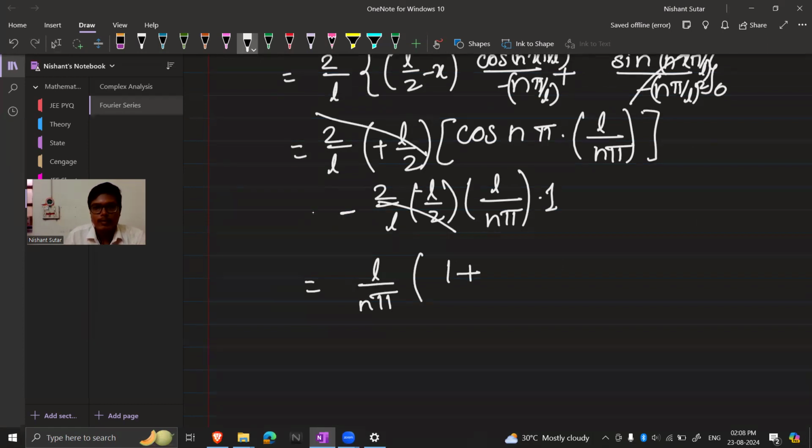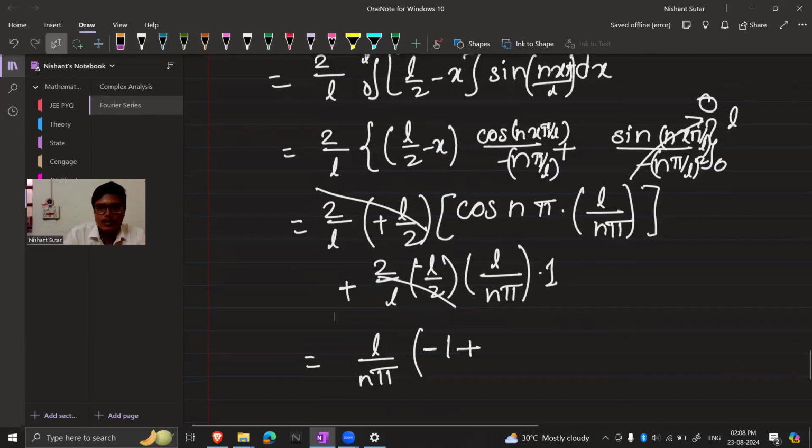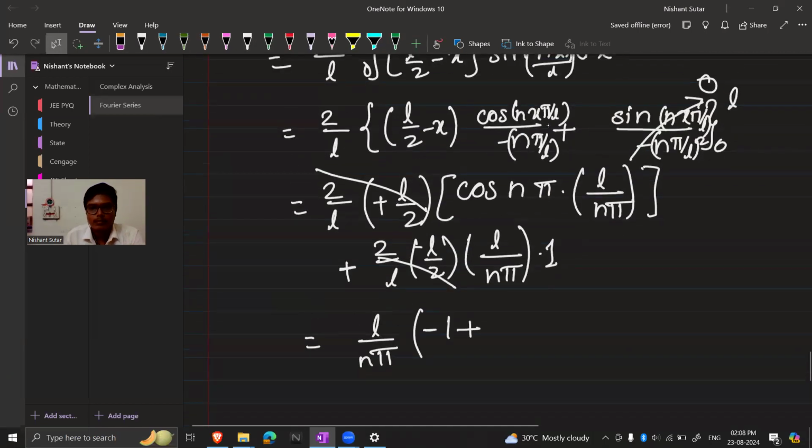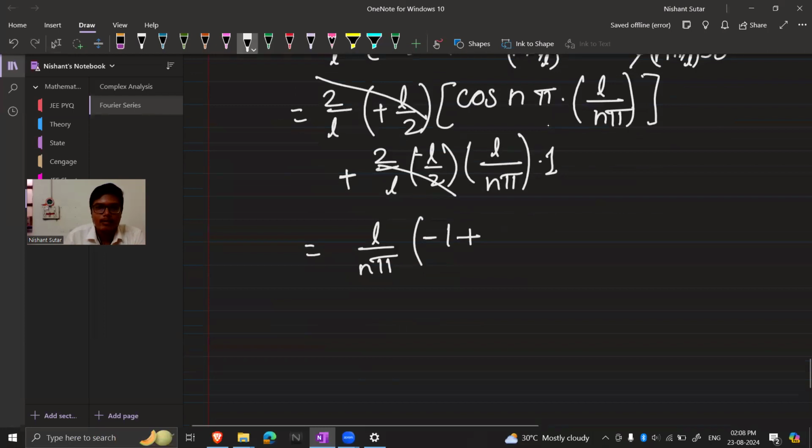Here it should be a minus sign because of the lower limit, so minus 1. It should be plus because of this minus sign; because of that minus sign and the lower limit minus sign, it will be plus, and this will be minus 1 power n.